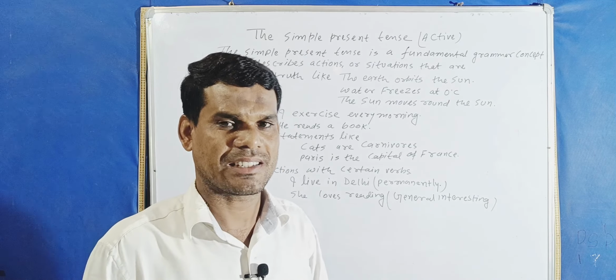Now, current actions with certain verbs. For example, I live in Delhi. It means it is not that actually I am living temporarily; it is permanent. Next, she loves reading. It is a general interest.